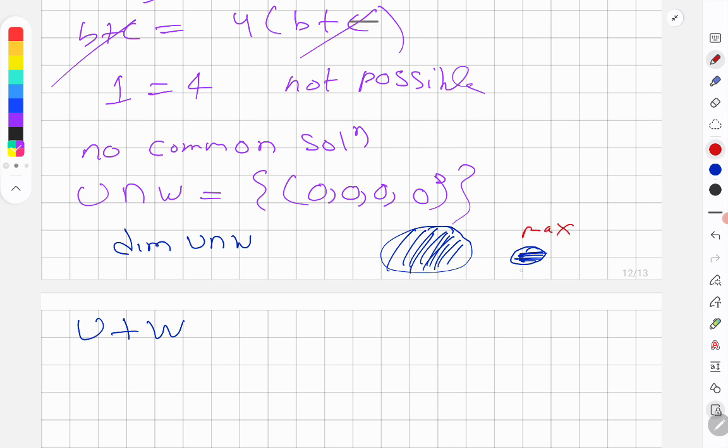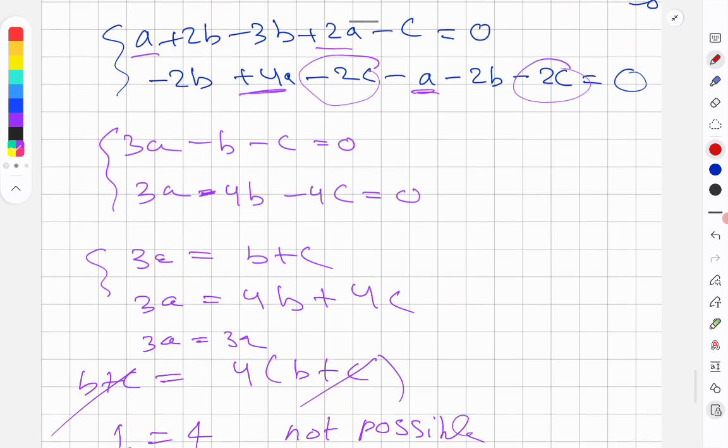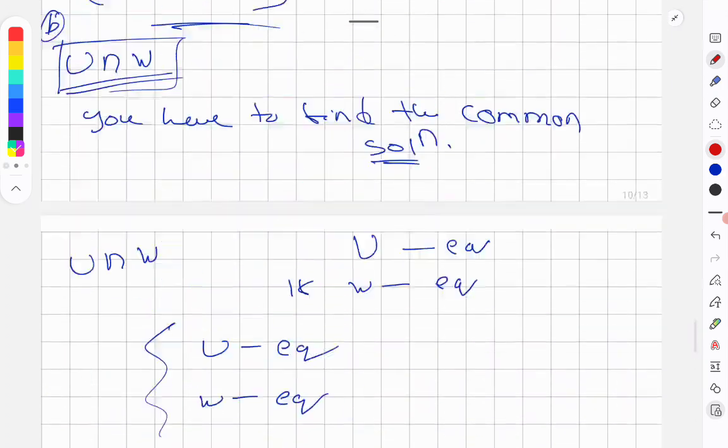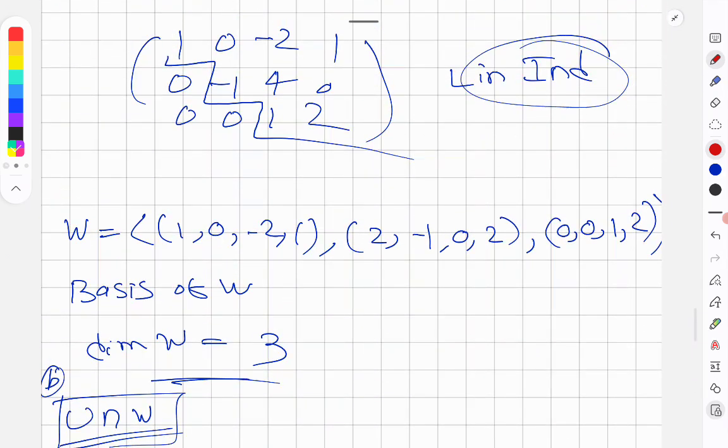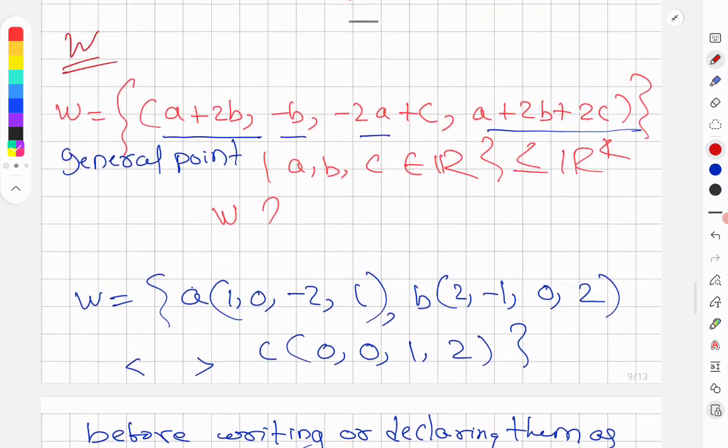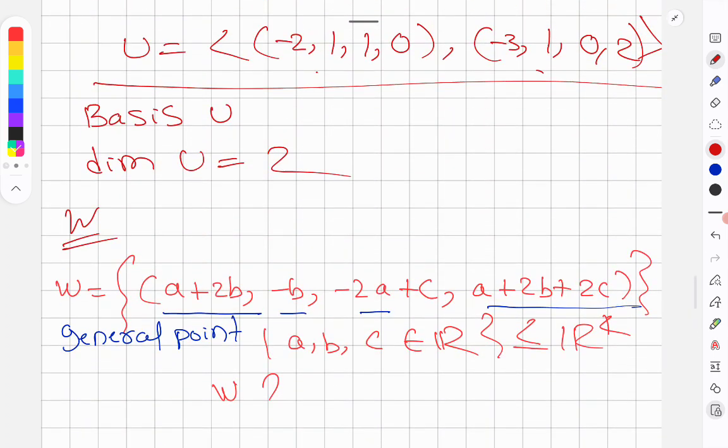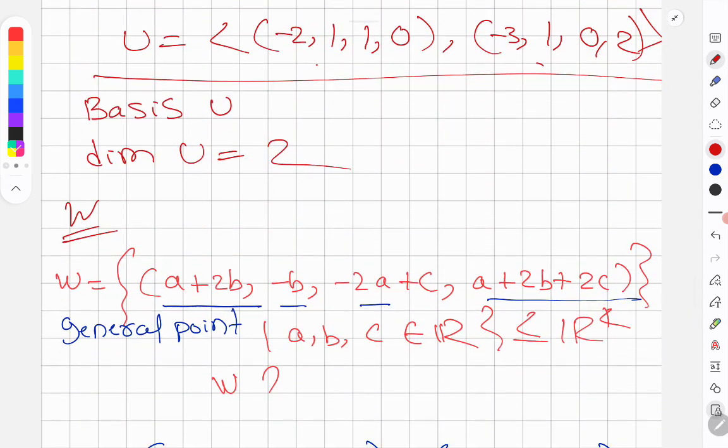So the dimension of the intersection will be less than or equal to the dimension of U, which was 2, and W was 3.